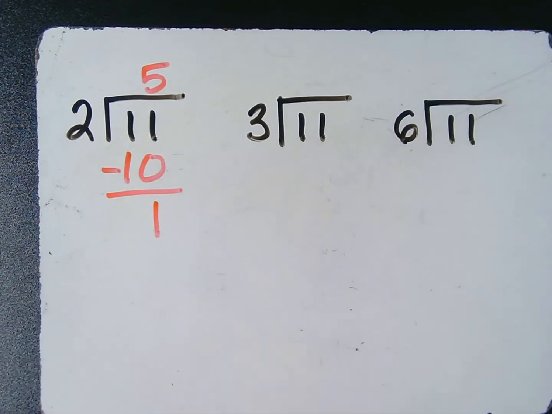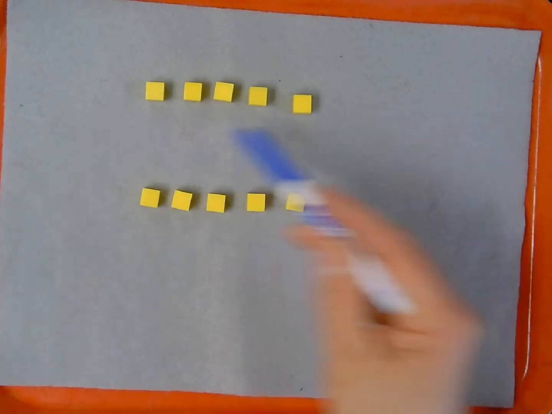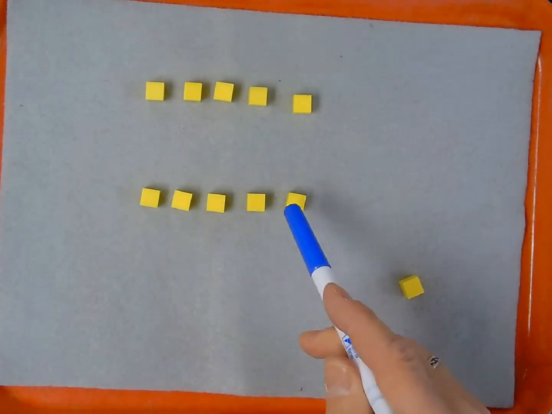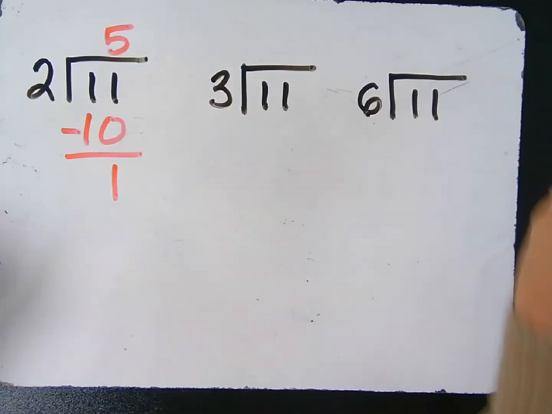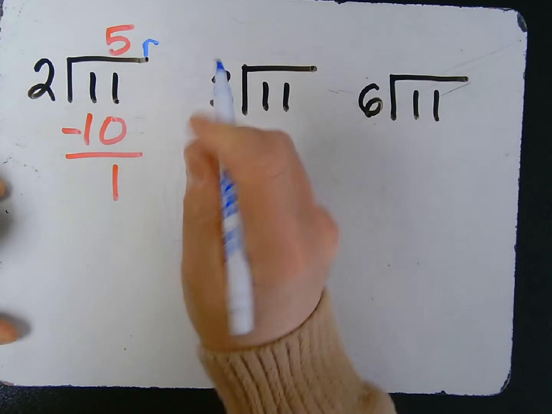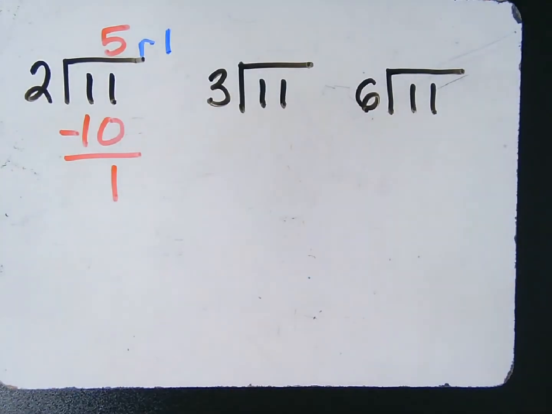That is my remainder. And I represent that like so. I can put a little r and 1. So I can get two groups of 5 out of 11 with 1 left over, 1 remaining.